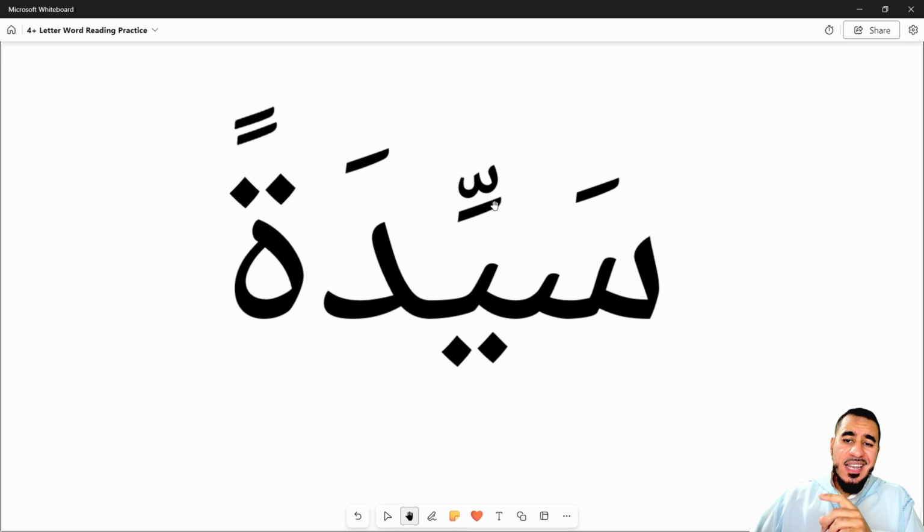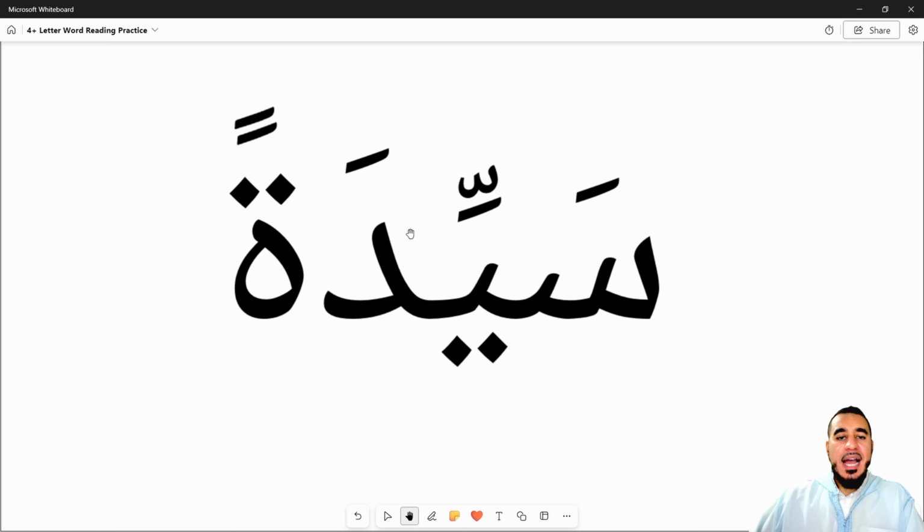So because this line's come below the shadda, we know it's a kasra, which means that the ya is doubled and the first ya has a sukoon. Remember, the first letter always has a sukoon on it if that letter has a shadda. So the first ya has a sukoon and the second ya has the kasra.